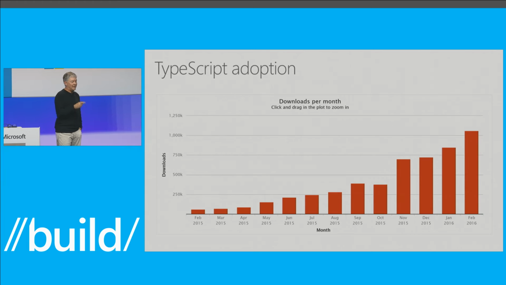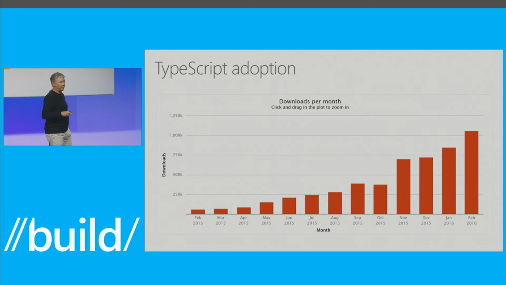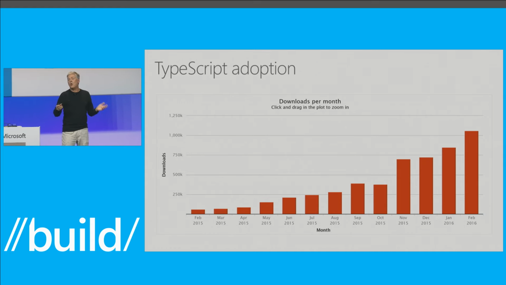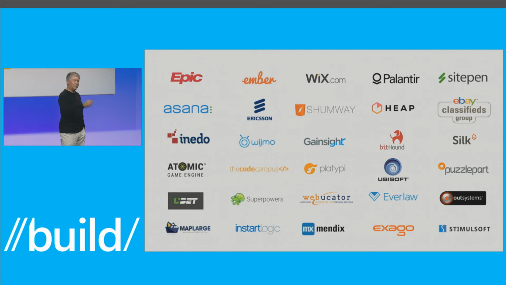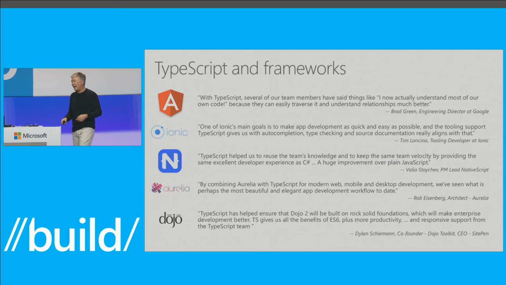So just last month we went over 1 million downloads per month on NPM. Now, of course, these are not individual users. This is a lot of auto-provisioned stuff, but nonetheless, there's enormous traction in the community. Lots of people, lots of friends of TypeScript, and if you're a friend of TypeScript, go add your logo to the page, please. And finally, I'll leave this slide up.